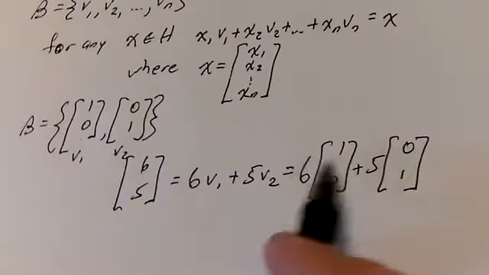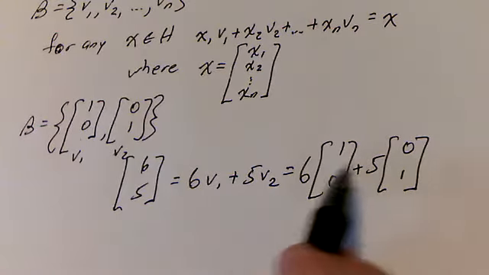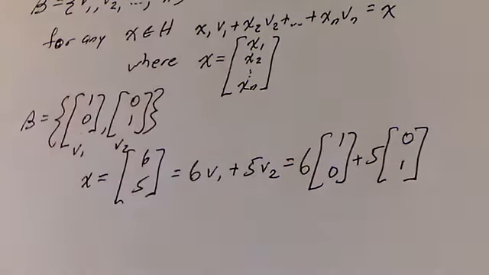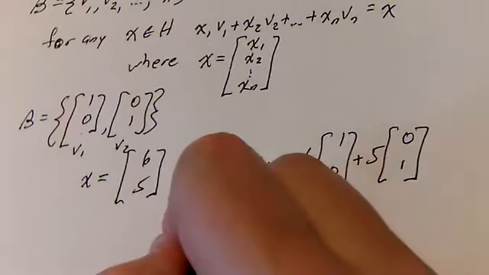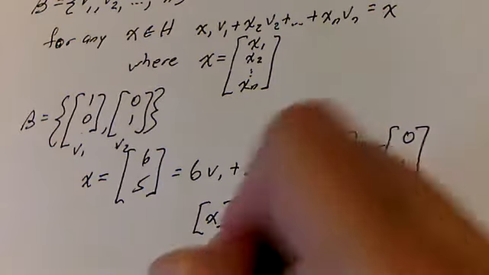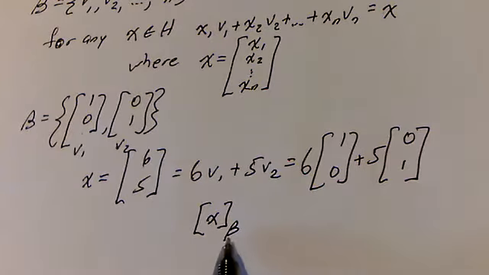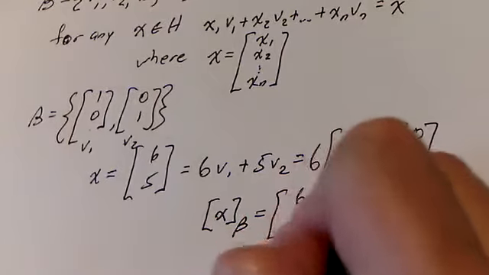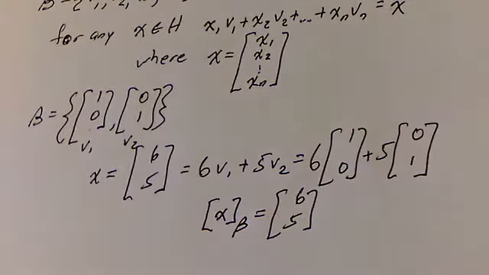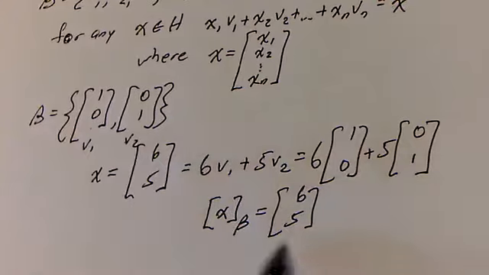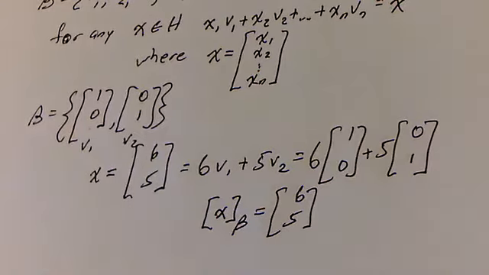So my coordinate vector is (6, 5). The notation, if I have x equal to (6, 5), is that the coordinate vector is the bracketed x, where x represents my vector and the subscript is my basis, in this case basis B, which equals (6, 5). It's called the identity basis or the standard basis because the coordinate vector is exactly the same as the vector itself.